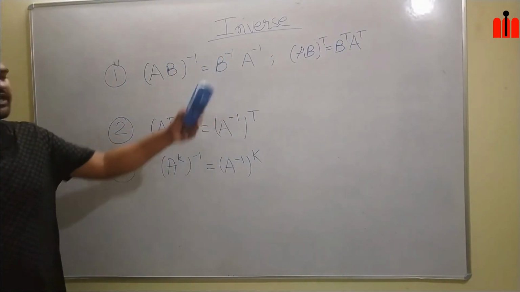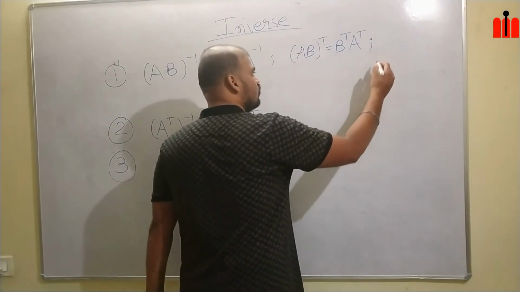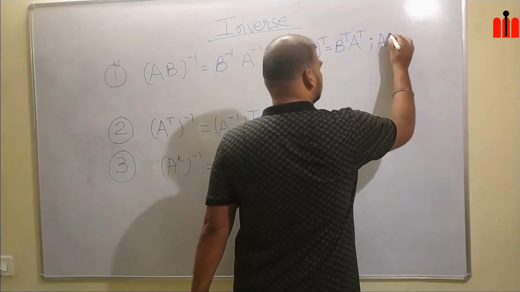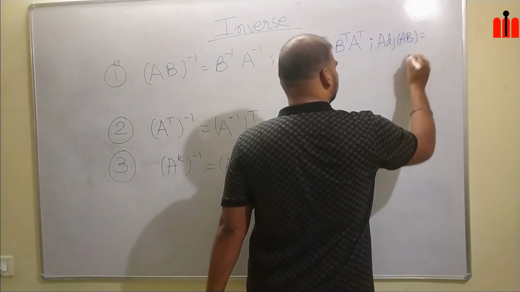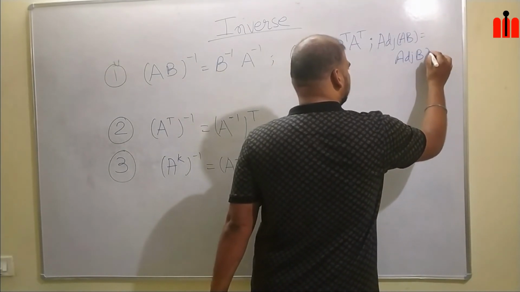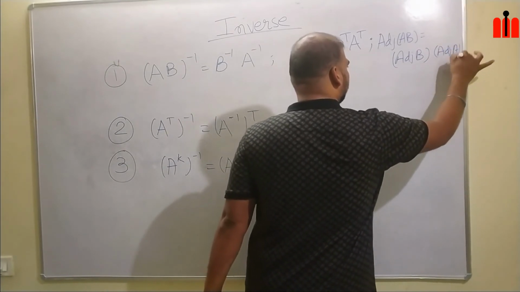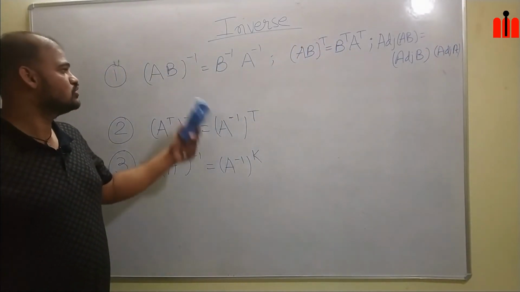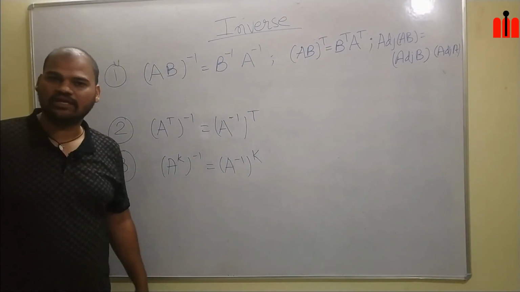This is the property for transpose. Same product can be mapped for adjoint also. Adjoint AB is equal to adjoint of B into adjoint of A, right? So this is a very important property, that's why I had noted it down here.